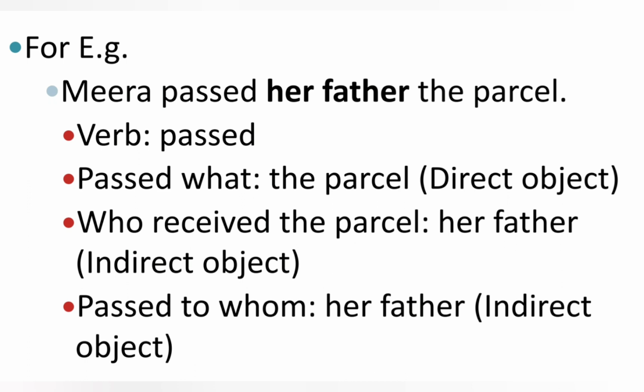When we ask the question, who received the parcel, we get the answer, her father. So, her father is the indirect object. Now, if we ask the question, passed to whom, we get the same answer, her father.